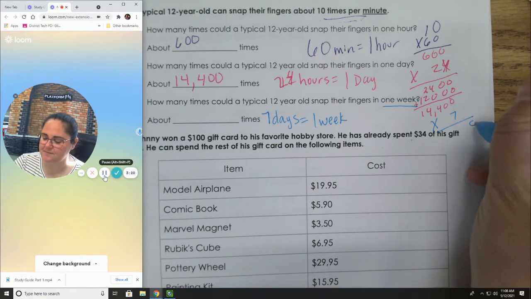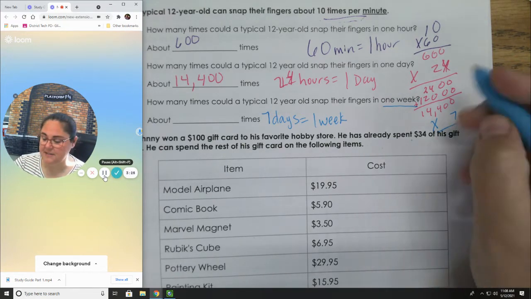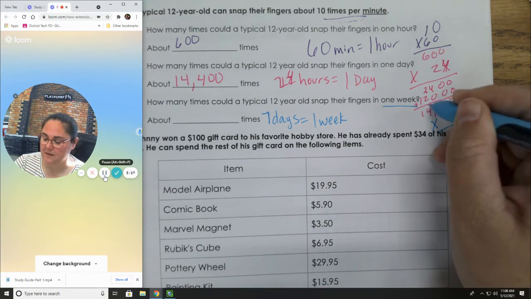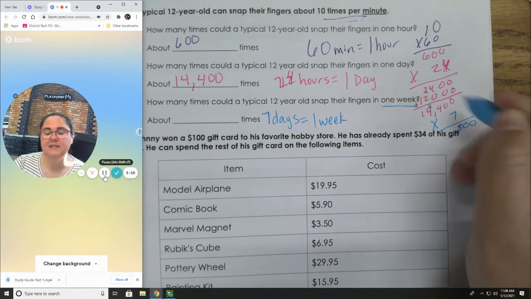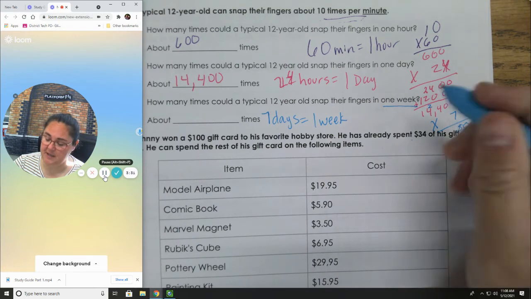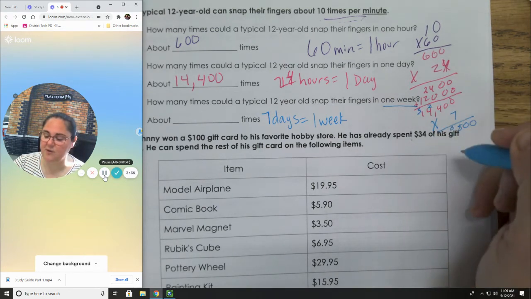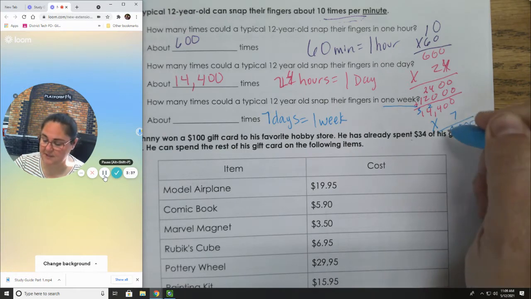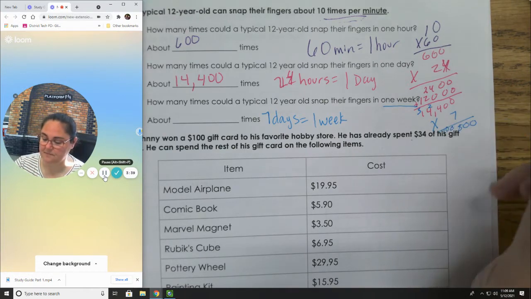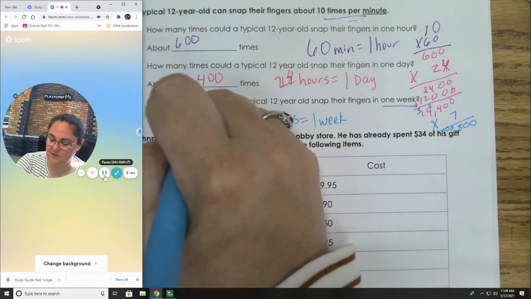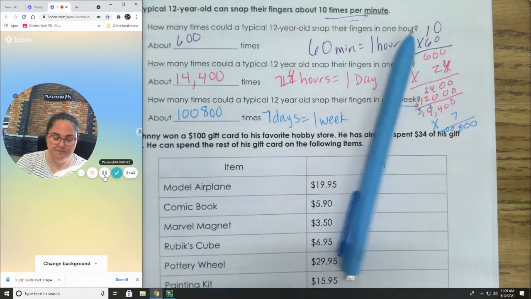7 times 0, 0. 7 times 0, 0. 7 times 4, 28. 7 times 4, 28. Plus 1 is 30. 7 times 1 is 7. Plus 3 is 10. 100,800.